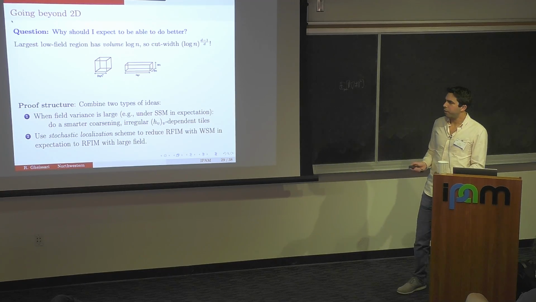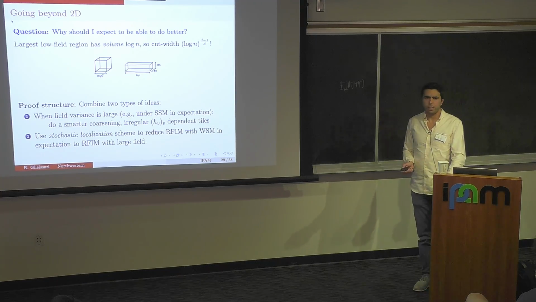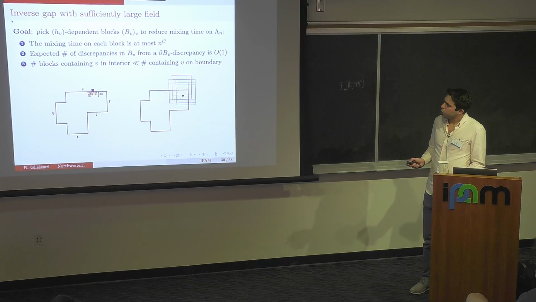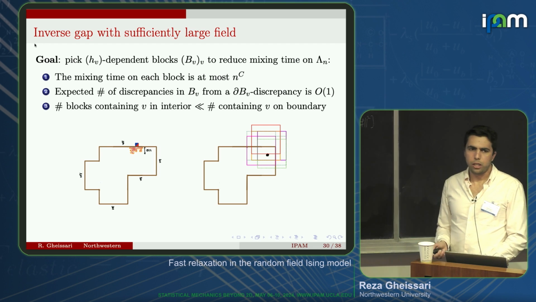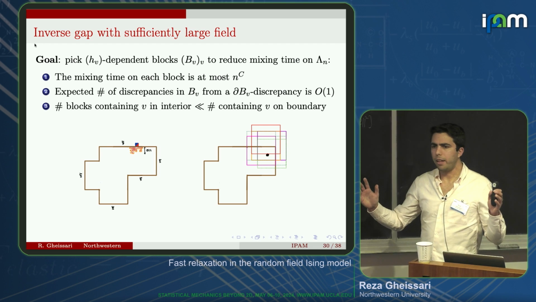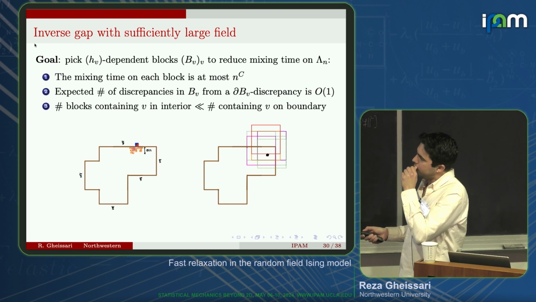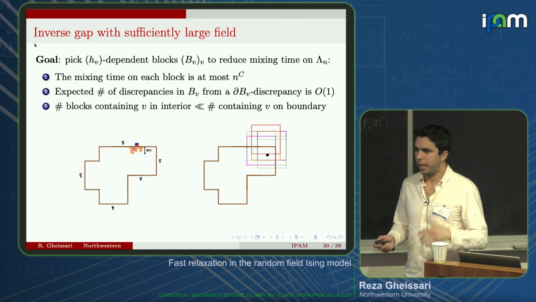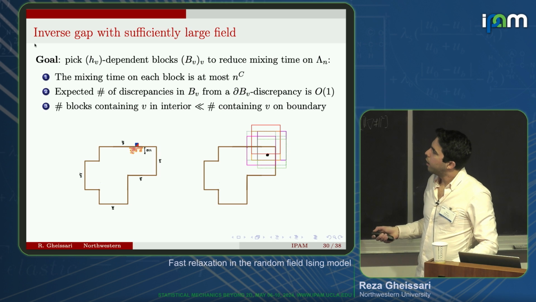Okay, so I want to give a flavor for the geometric step and then a flavor for the analytic step. For the geometric step, the goal we need to achieve is basically to come up with a tiling of my domain in a way that the mixing time on each single box is polynomial. That's what failed in the previous tiling by just boxes.